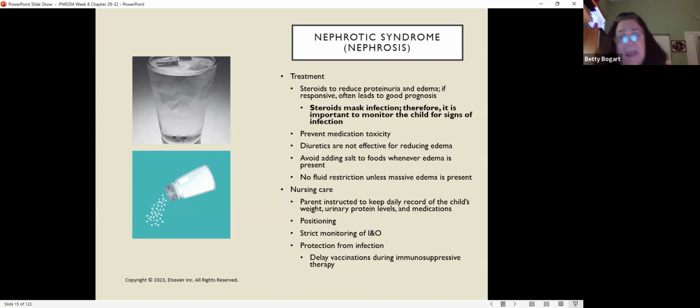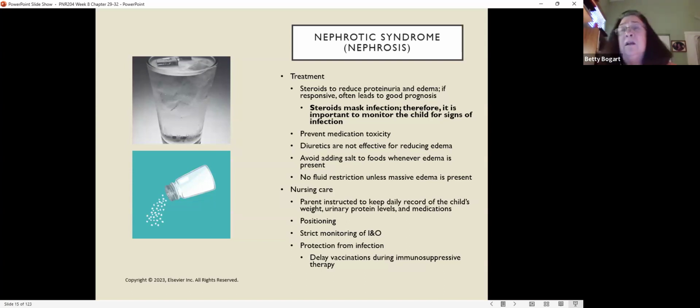Again, that medicine toxicity. Remember, I told you not enough protein. Now, medication can't jump on a protein. It's going to be free drug in the blood supply. And that free drug in the blood is going to cause increased levels, and it can cause toxicity very easily. We don't give diuretics. It doesn't work in this case.